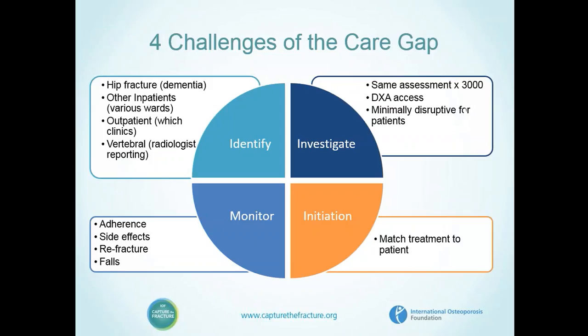Regardless, there are at least 4 challenges to manage the care gap. When it comes to identification, we know that we can possibly find the majority of fracture patients, but it seems easier to say than to do. Hip fracture patients may be difficult because of other comorbidities, such as dementia. We also have other inpatients.